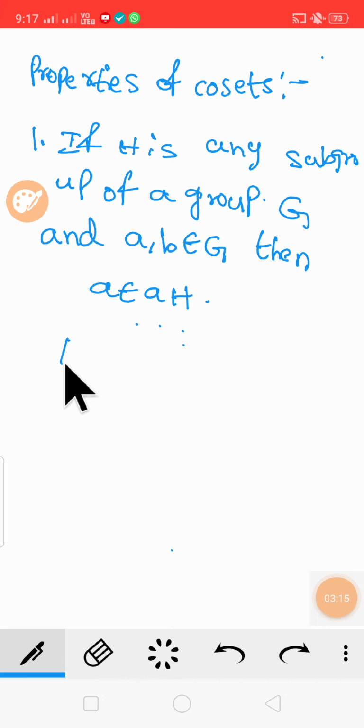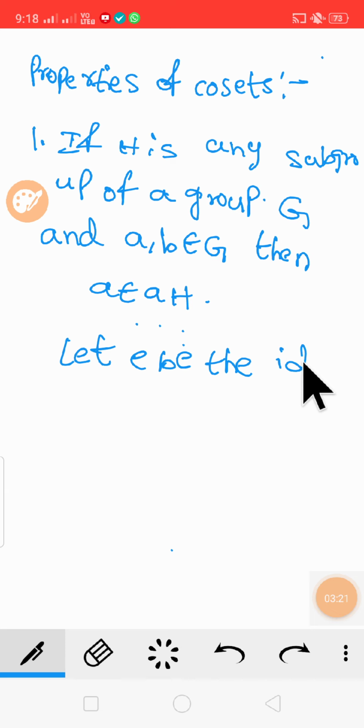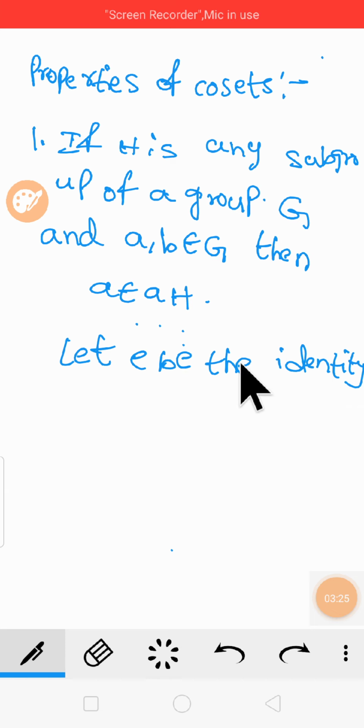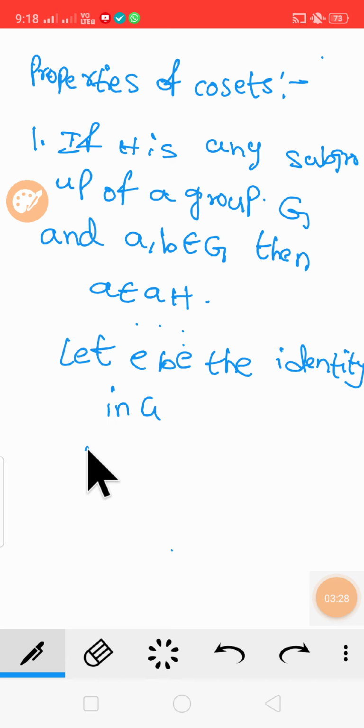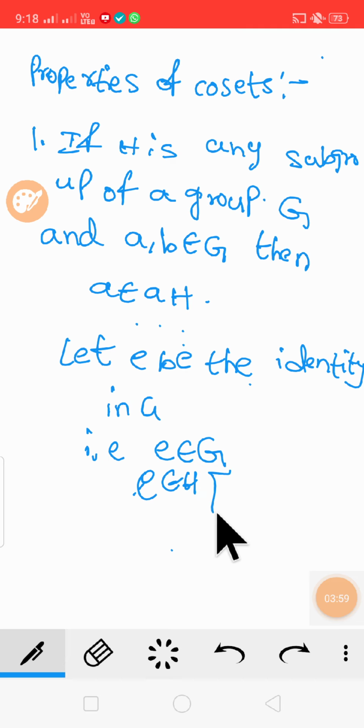Let us prove this condition. Let e be the identity in G, that is e belongs to G. H is a subgroup of G. Subgroup means it is also a group, so e belongs to H also.